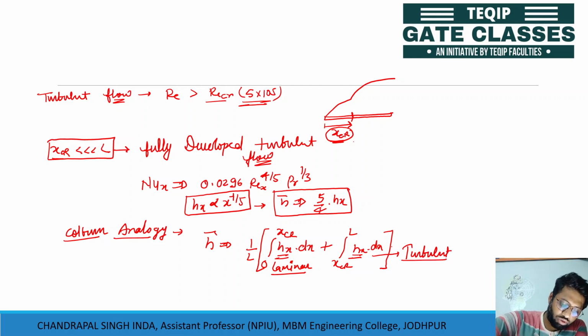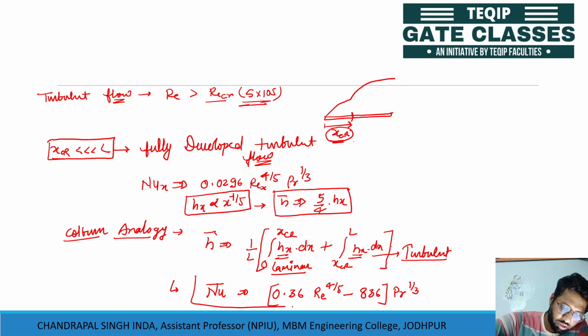Now by solving this equation we get that the average Nusselt number is equal to 0.036 Reynolds number to the power 4 by 5 minus 836, multiplied by Prandtl number to the power 1 by 3.